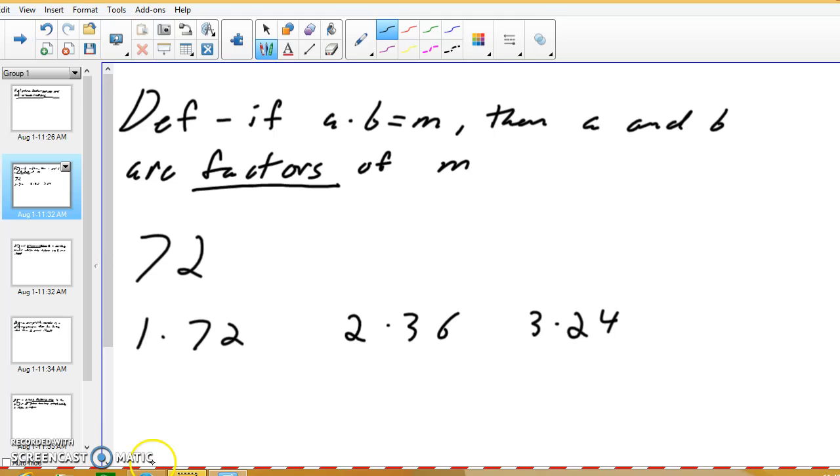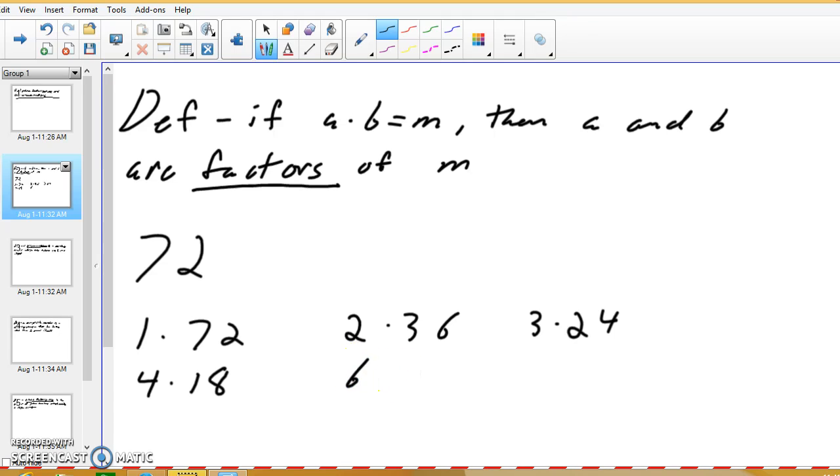Now, again, 1 and 72 are factors of 72. 2 and 36 are factors of 72. 3 and 24 are factors of 72. And I guess we could finish this list out. There's 4 multiplied by, let's see here off the top of my head here, 18.